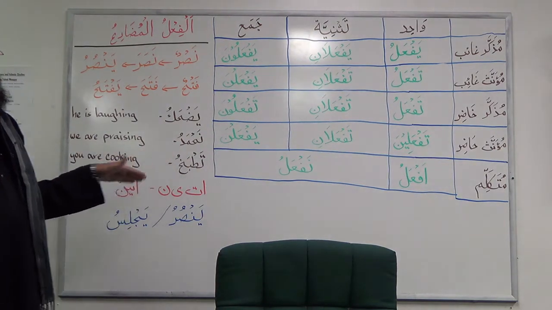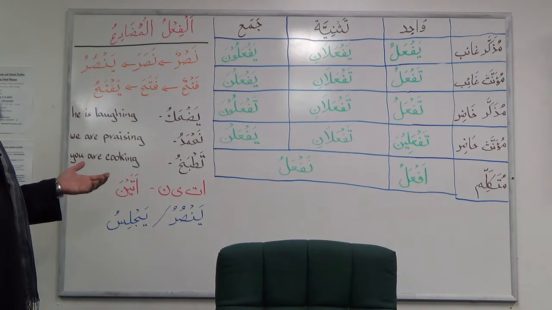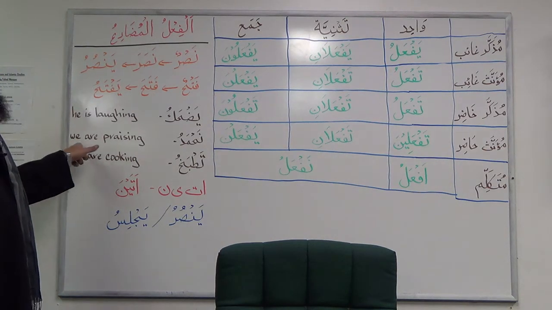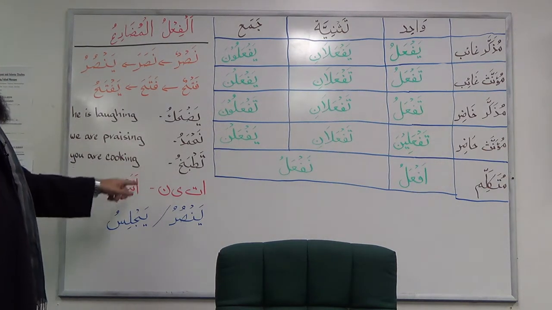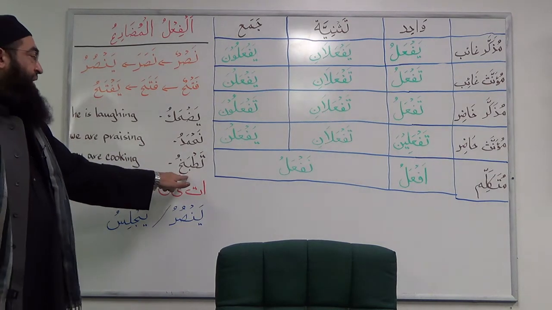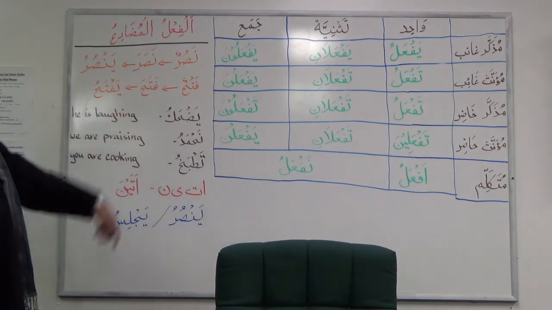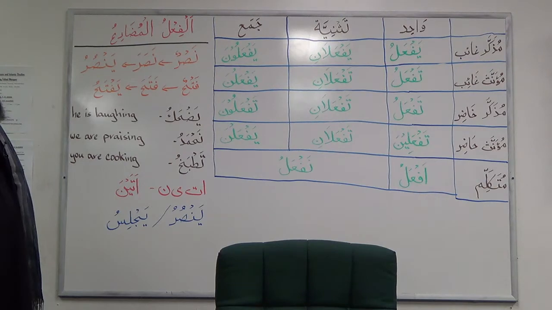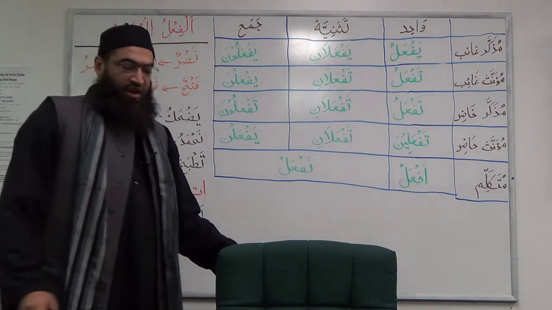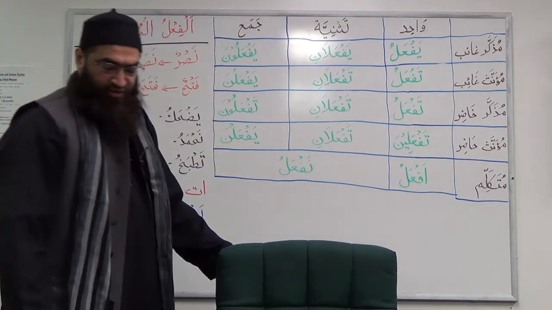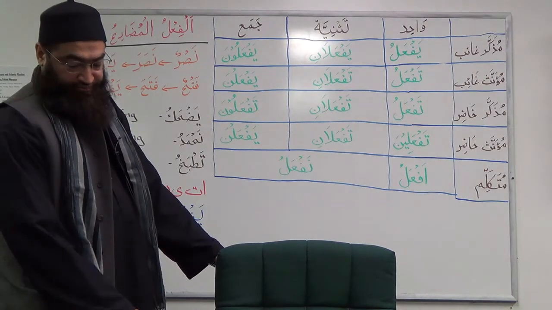Nahmadu, we say that a lot: nahmadu wa nusalli. So, we are praising. Tatbakhu, ta, ba, and kha. You are cooking. So, inshallah, we will explain now how this is made.